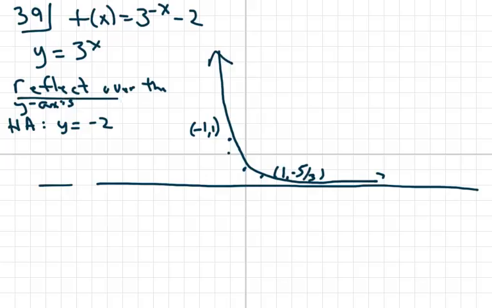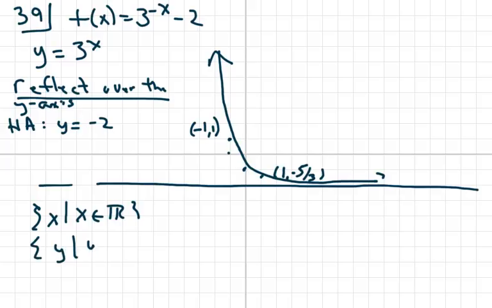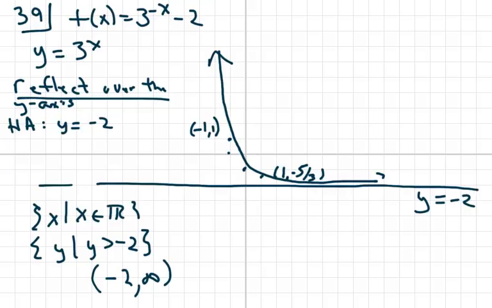So main thing, it reflected over the y-axis, and you can do a table of values. The domain is all real numbers. The range is y such that y is bigger than negative 2. It can't equal negative 2 because we have a horizontal asymptote at y equals negative 2. Or you can write it as negative 2 to infinity.